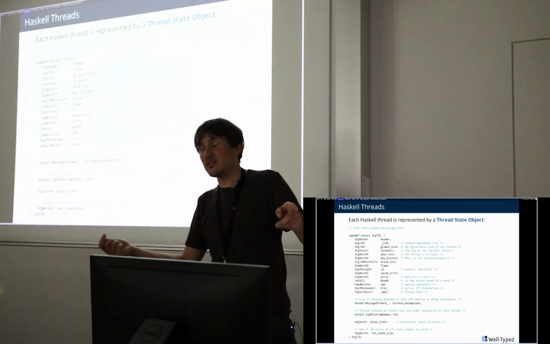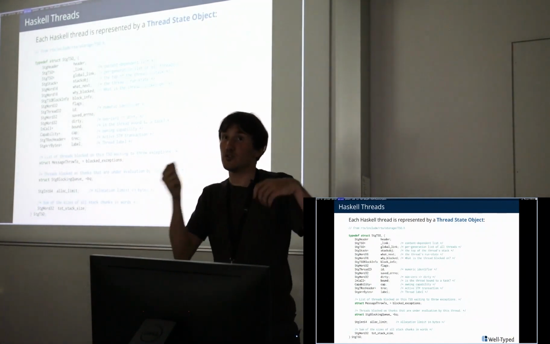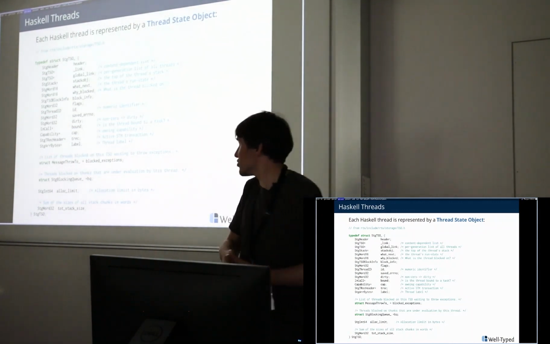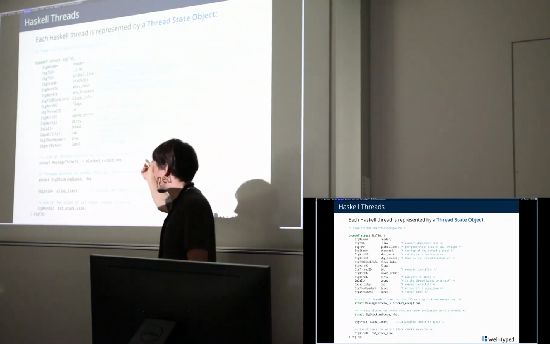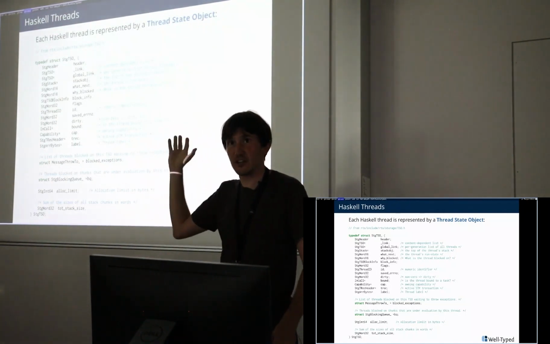And we will send a message from capability B to capability A, which will then look up that thread and add it to the appropriate thread's blocking queue list.